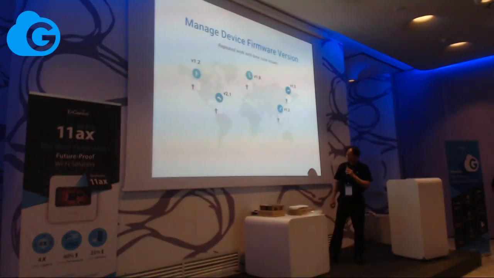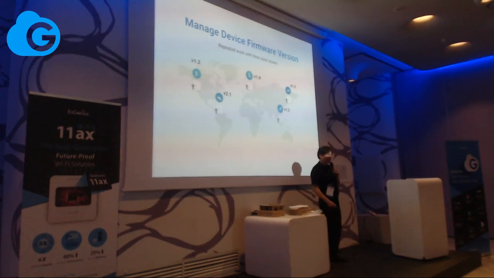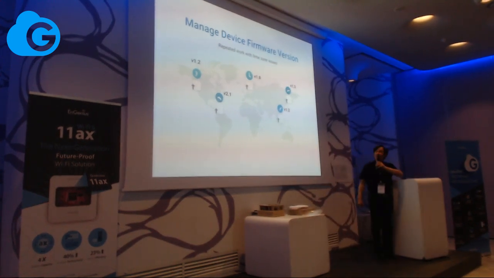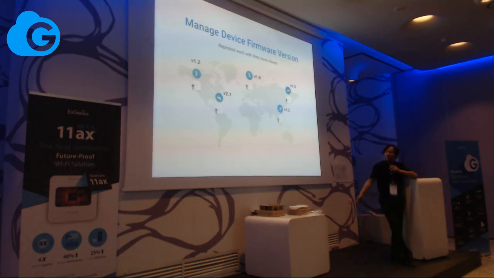So after you deploy the devices, after that, you need to manage. The other big problem currently for your network is that all over the world, you install lots of APs, but you know that there are lots of different versions in each different AP. So it gives you a big problem that you need to manage so many versions of AP.